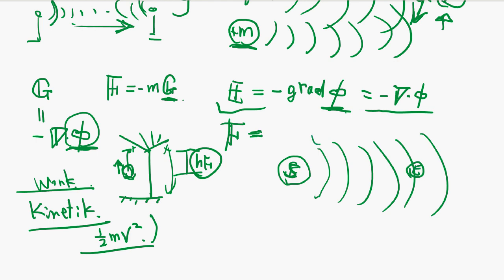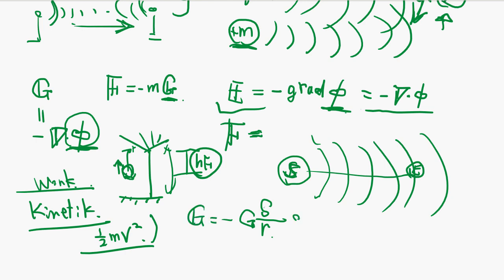So we calculate this potential field. The potential field is going to be the gravity constant and the sun's mass, r negative. That's going to be the potential, the gravity field.